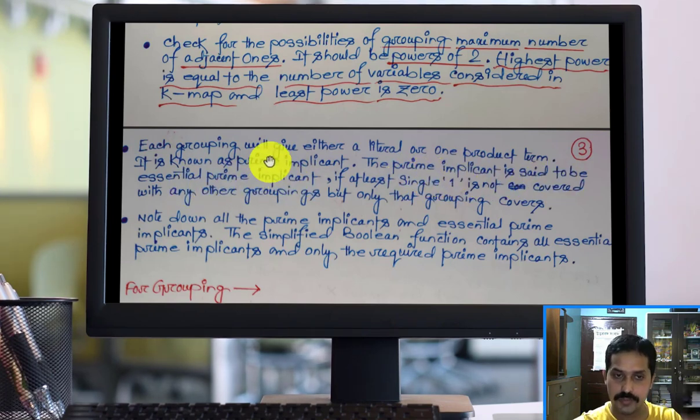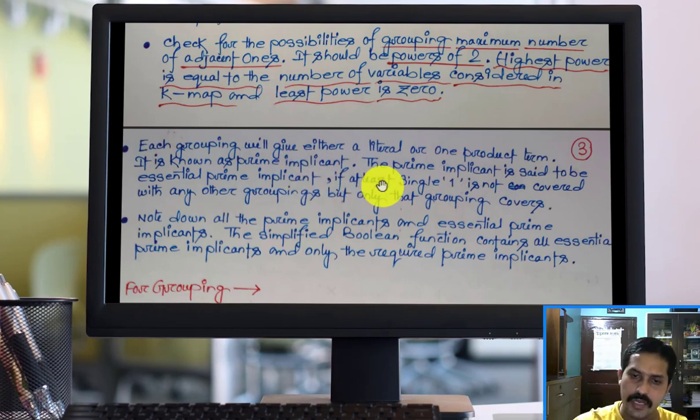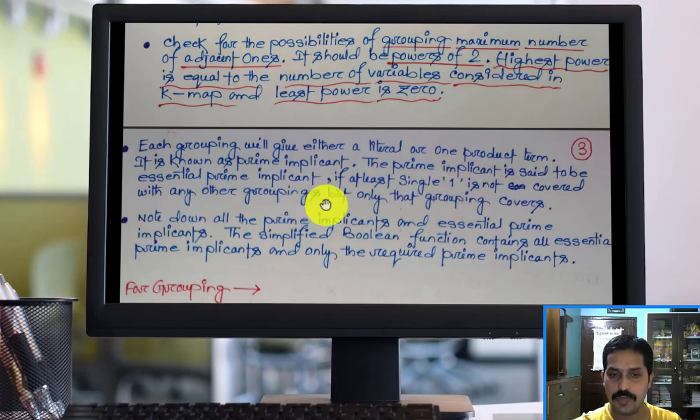First, we have to find prime implicants, means we have to put ones in some cells, then we have to make groups. After grouping, we have to identify prime implicants, and after identifying prime implicants, we have to identify essential prime implicants. If at least a single one is not covered by any other grouping, but only that grouping covers it.